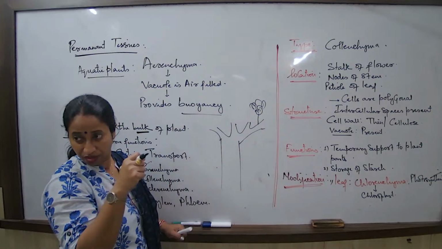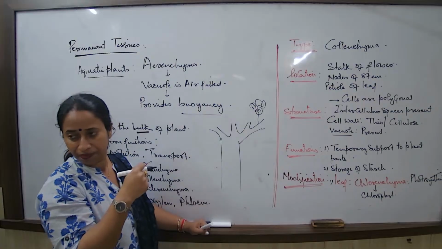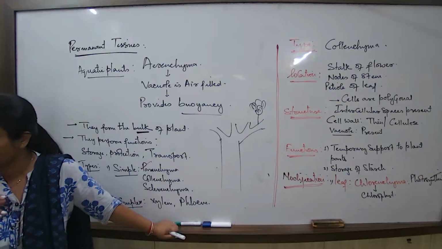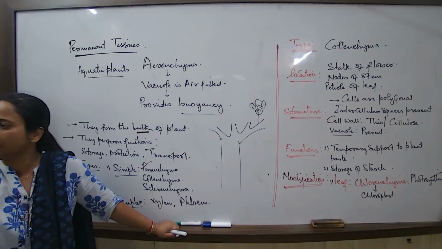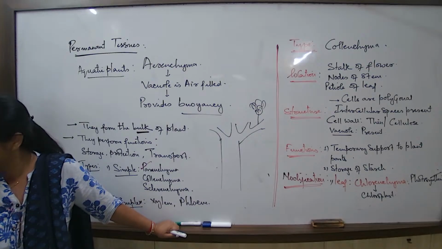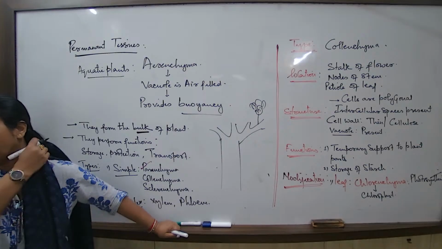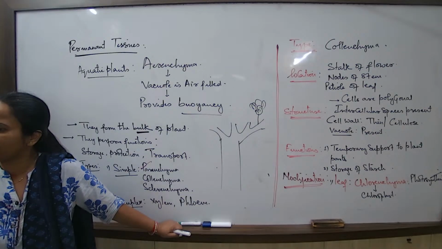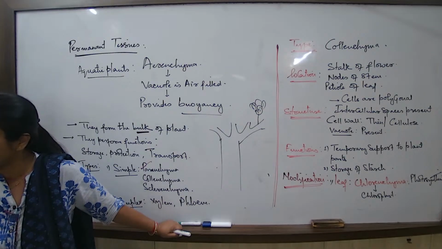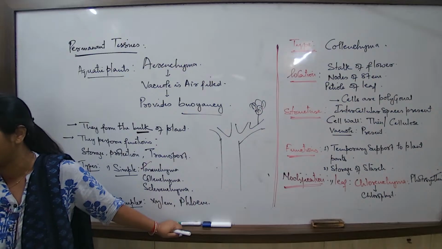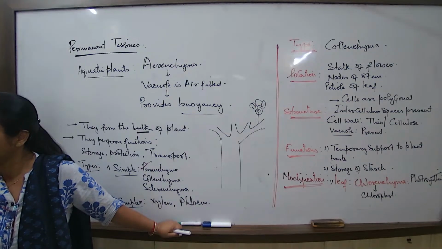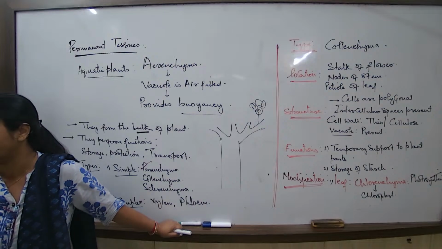Shake the branch or shake the tree, correct? There are some flowers I want to pluck, but I am not able to reach those branches. What I will generally do is pull those branches and pluck the flower. But when I am pulling those branches, is the part of the plant breaking immediately? No, it is not breaking. So these branches and the twigs and the stem always have a degree of flexibility.